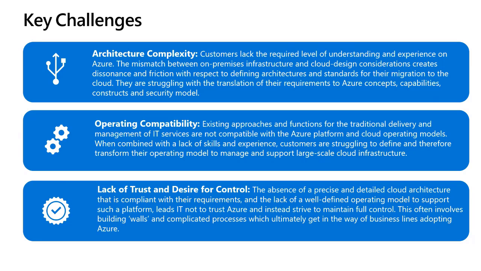And one of the patterns, actually 3 of the patterns that we saw with customers that were quite common going into the public cloud was that the lenses they were wearing on-premise did not necessarily translate too well into the public cloud. So all the way from the architecture complexity, how you compose and how you deploy and how you operate application on-prem is not necessarily identical to how you should do it in the public cloud.